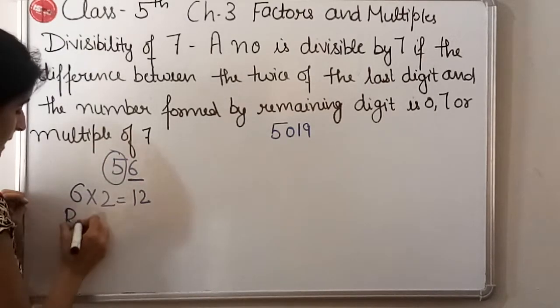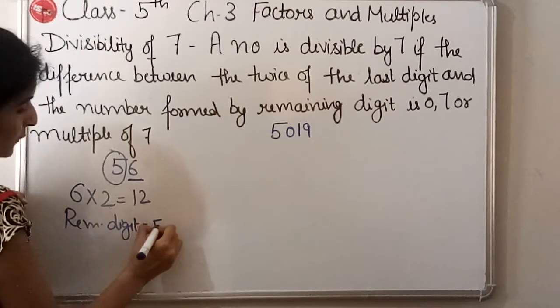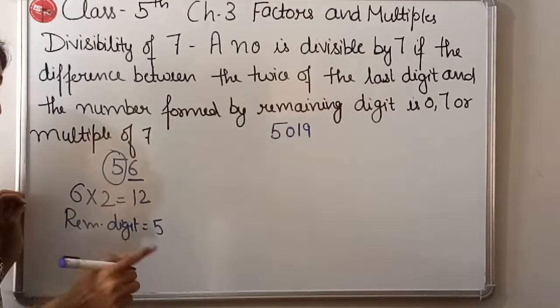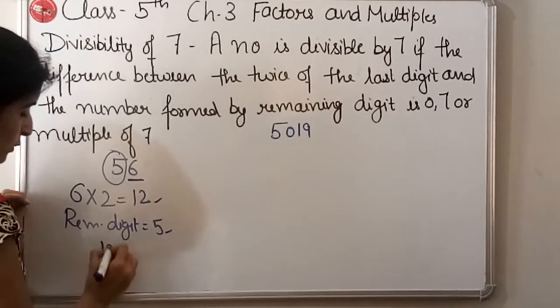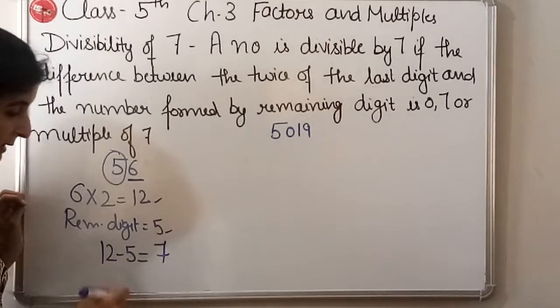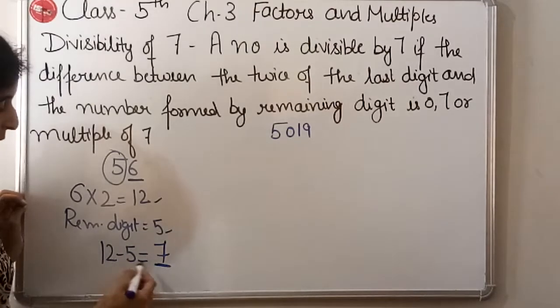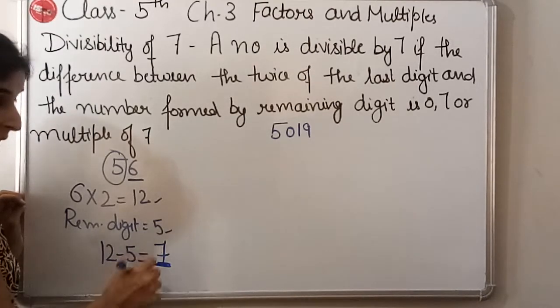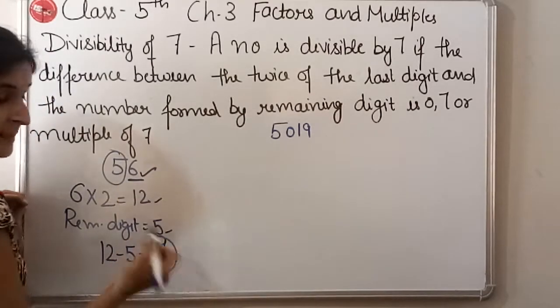Remaining digit is 5. Then we have to subtract the smaller number from the greater number. So 12 minus 5 is equal to 7. Here the difference has come 7. So if the difference has come 7, then this 56 is divisible by 7.